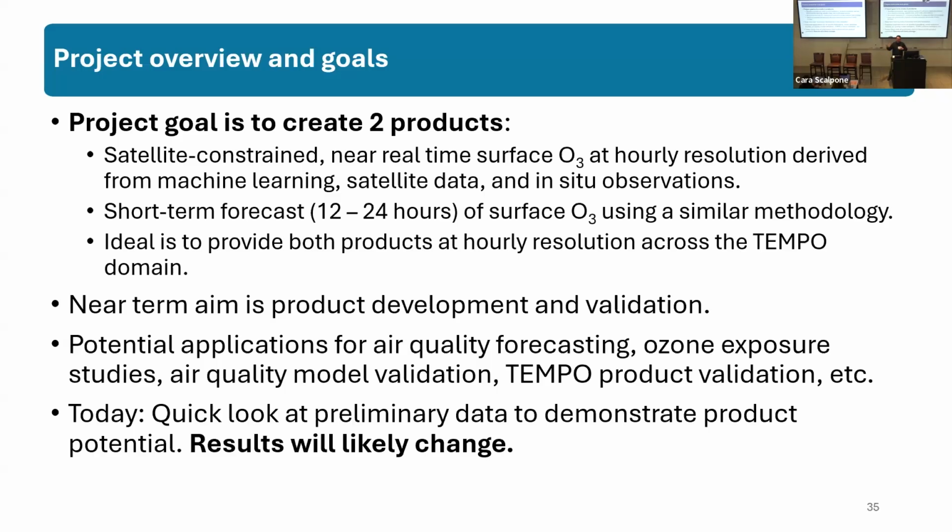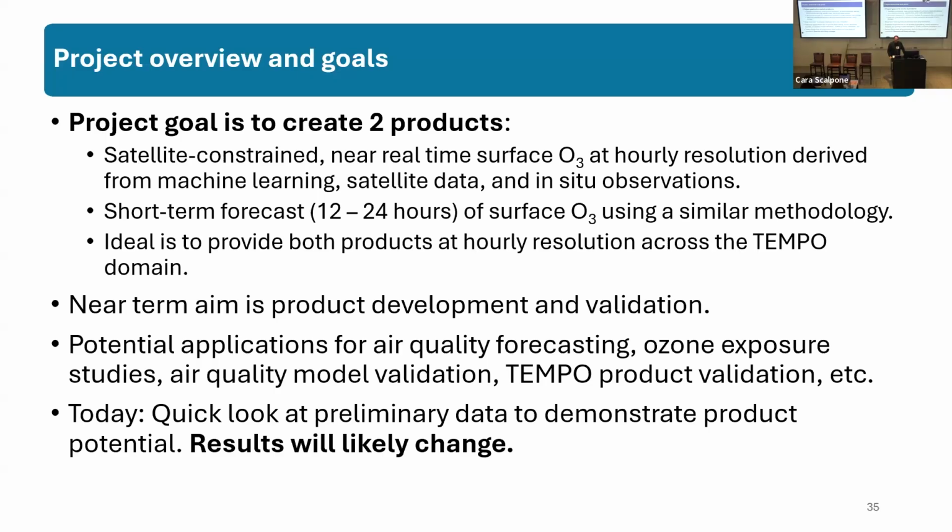So something like wildfire events that may be difficult to model with an air quality model in real time because you don't have those emissions. Using our forecast that uses the TEMPO observations, the idea is that we would be able to maybe provide better information at much cheaper computational costs than something like an air quality model that uses data assimilation. So that's the hope there.